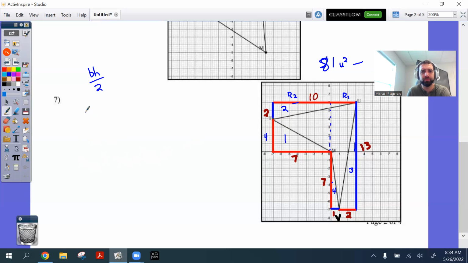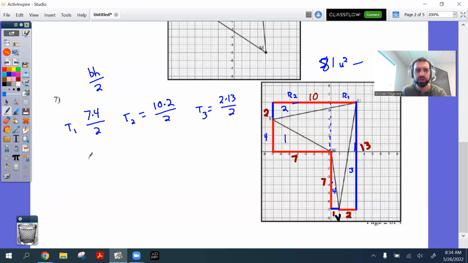So for triangle 1, 7 times 4 divided by 2. Triangle 2 area is 10 times 2 divided by 2. Triangle 3 is 2 times 13 divided by 2, and triangle 4 is 1 times 7 divided by 2. I'm just listing all these before I do the math.